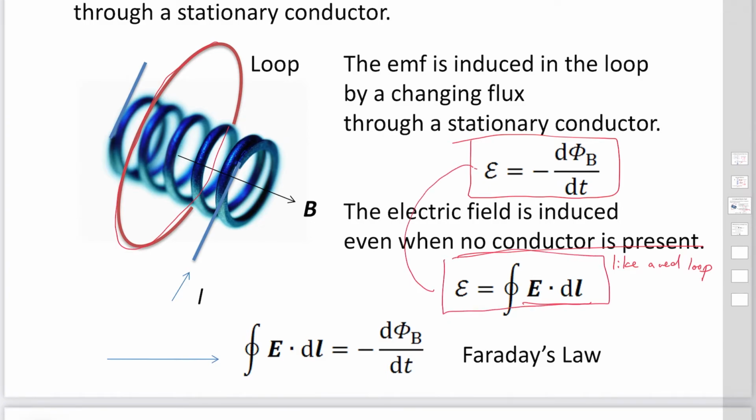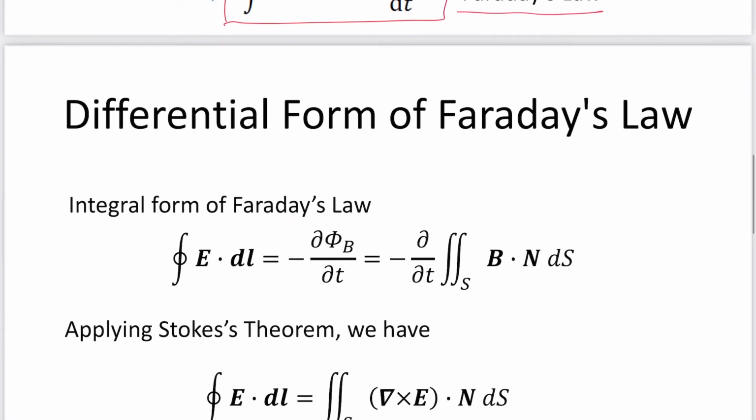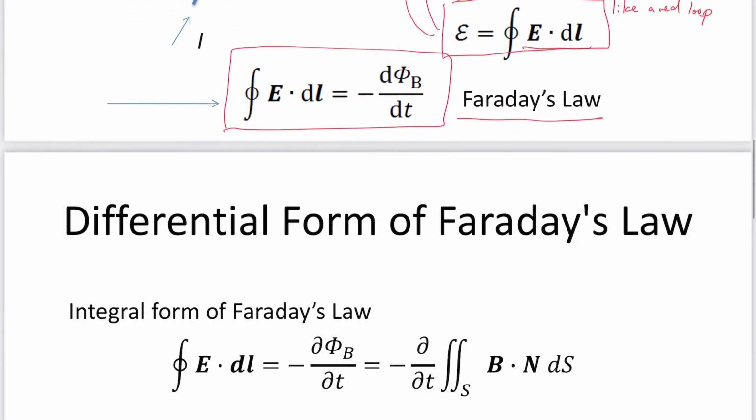So these two have to be equal. Then we can express this as Faraday's law, one of the fundamental equations in electromagnetism. This is the integral form of Faraday's law.